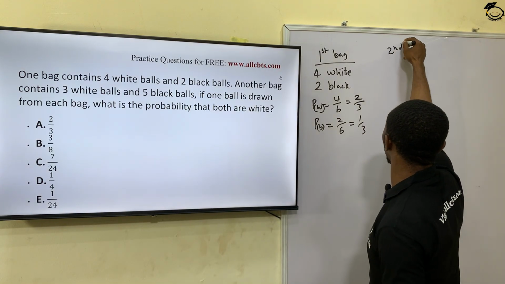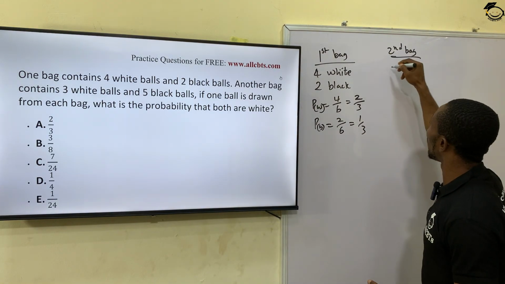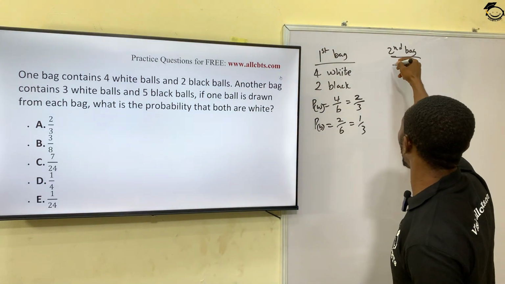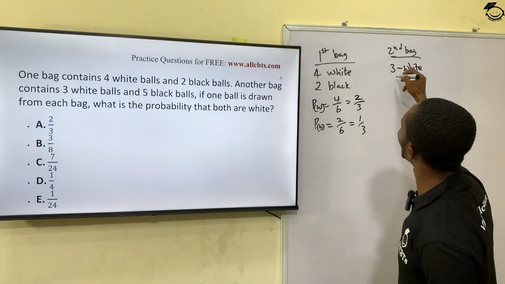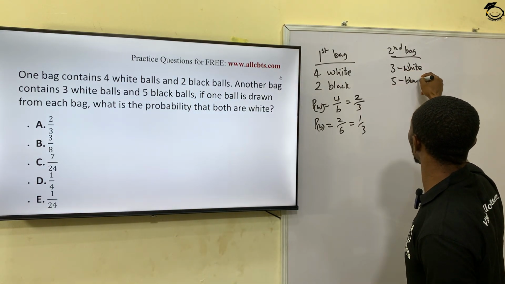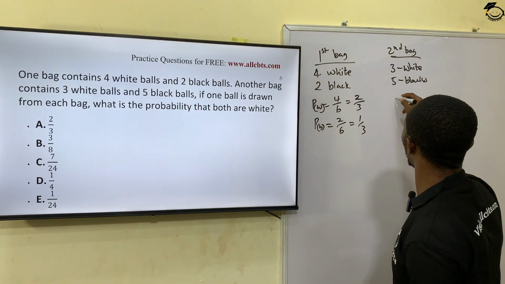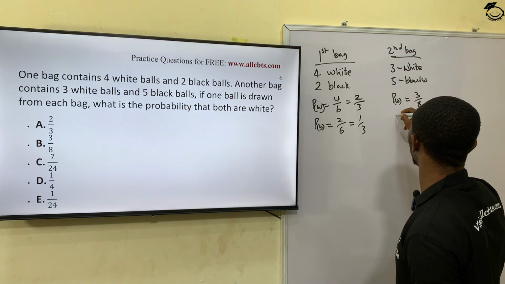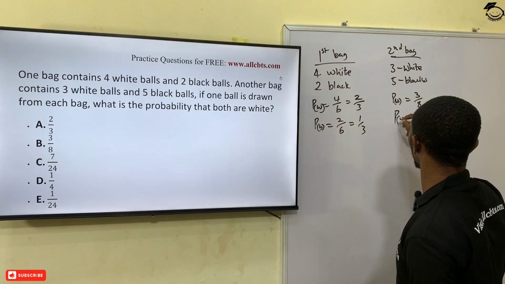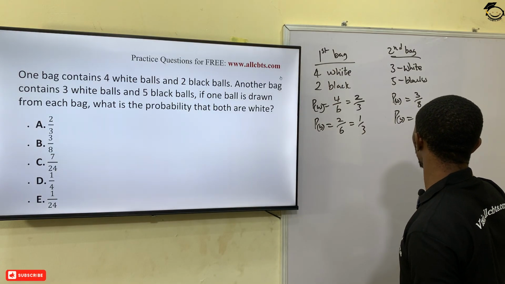Now, for the second bag, we have 3 white balls and 5 blacks. Now the probability of white here would be 3 over 8, and the probability of black would be 5 over 8.